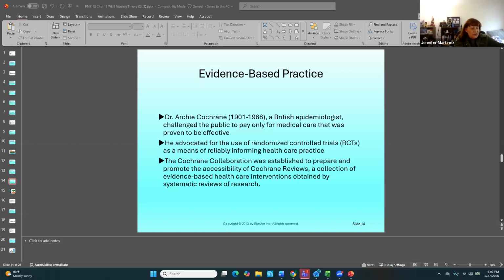Then you read through all of them, look at their findings, whether the intervention was effective or ineffective, and implement those into your practice. That's what a systematic review of research is.